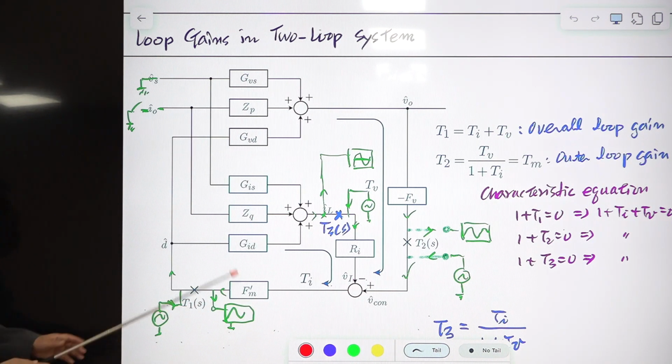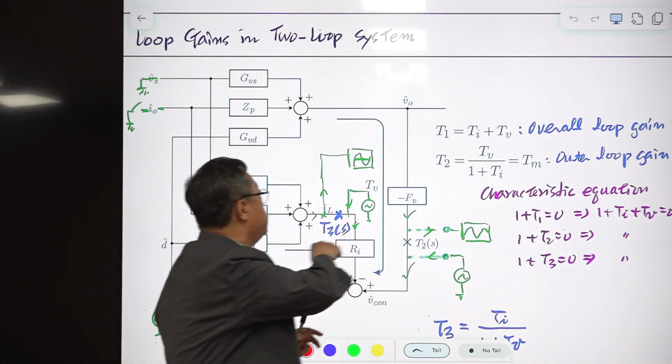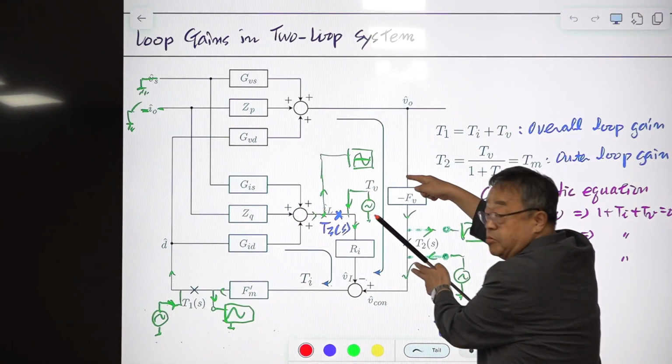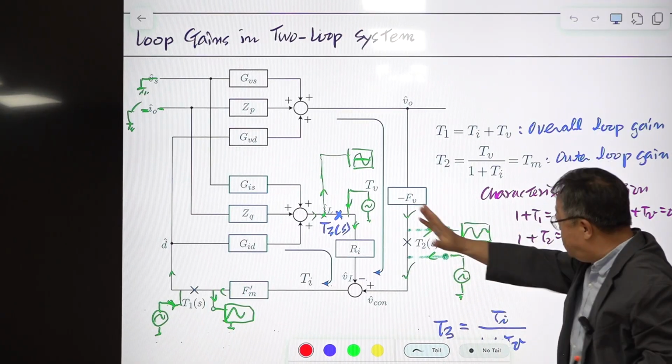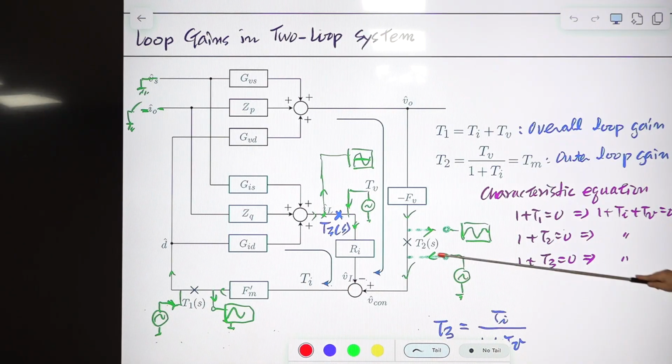If you put everything inside the black box and just look at this, it is the single loop system. But inside of this there is another loop. Suppose the loop gain is defined here. That is the Tm. In the previous lectures, we just referred to this as the loop gain.